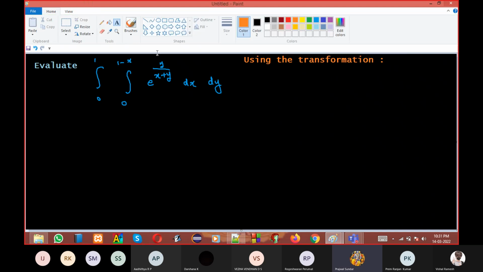What is the transformation? Transformation given is x plus y equal to u and y equal to uv. Need to perform this transformation.